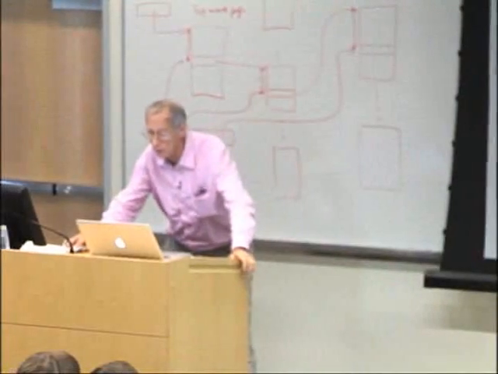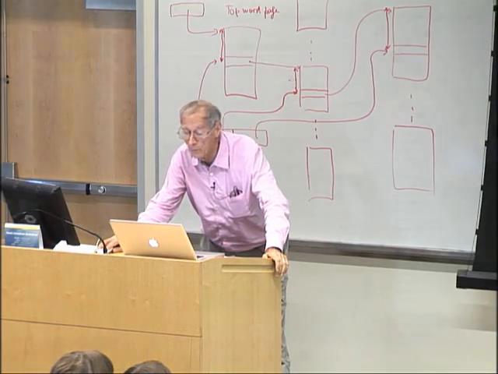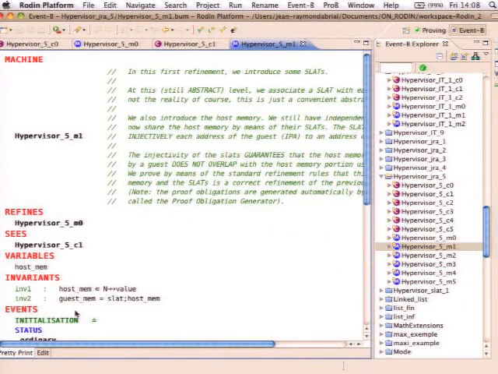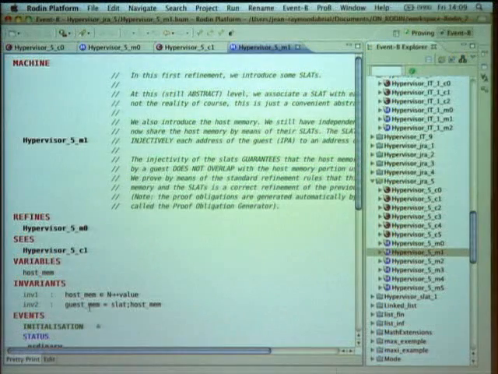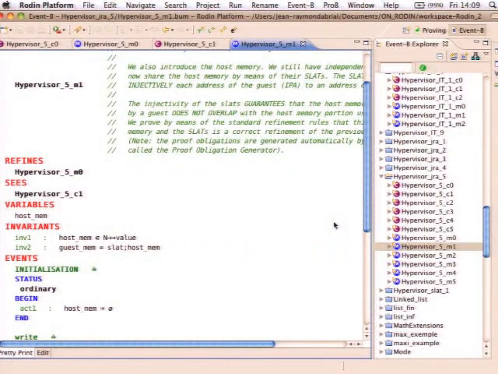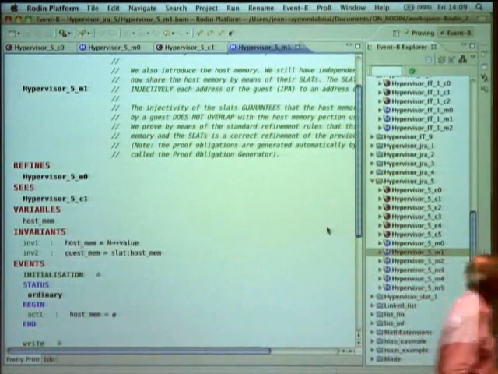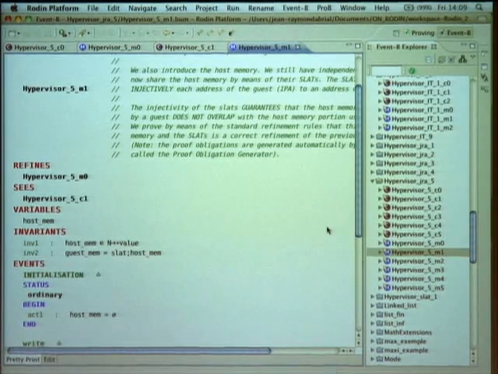So everything that is defined at boot time, from the point of view of this, is constant. And so now we go into machine M1. Machine M1 is seeing now this context C1, and the context C1 was itself extending context C0. And now we data refine the guest memory. So the guest memory has disappeared from the variables here, and we have only the host memory. So we start doing things at this level now.